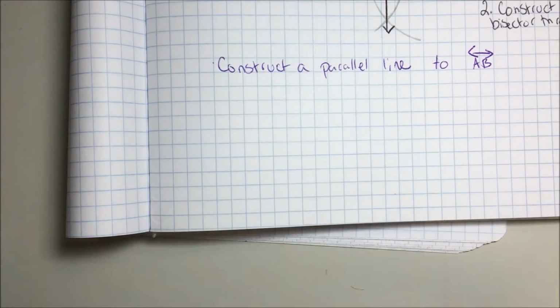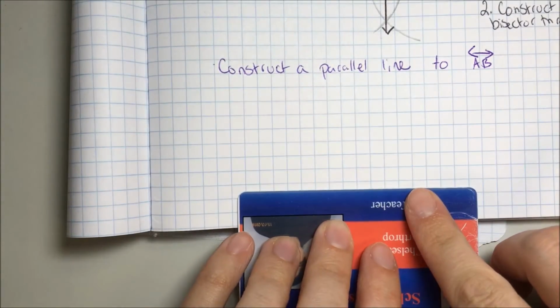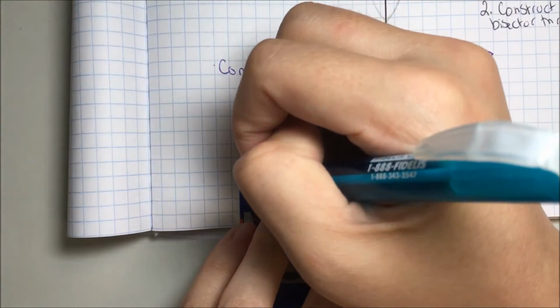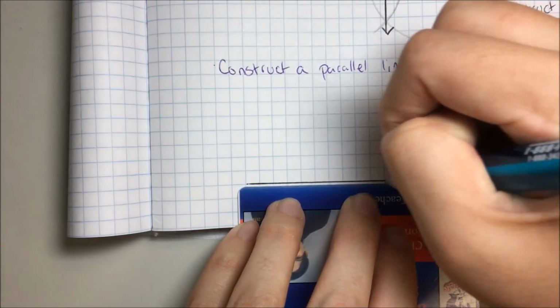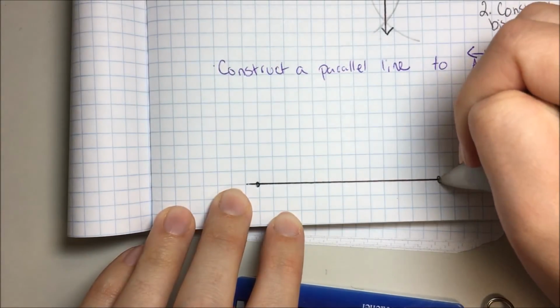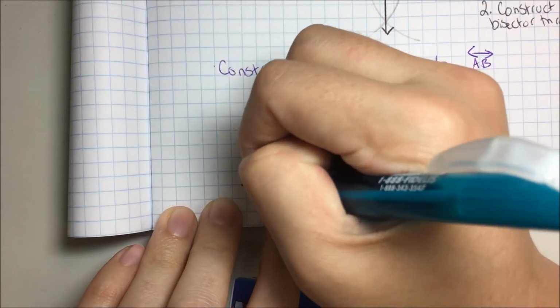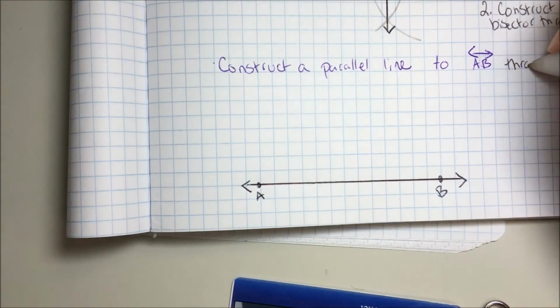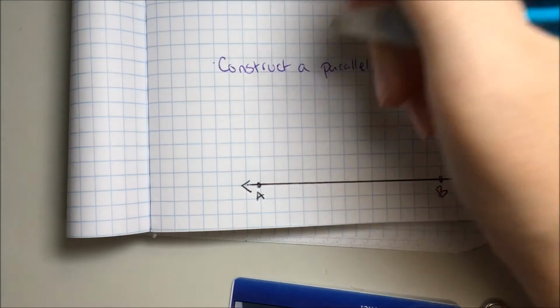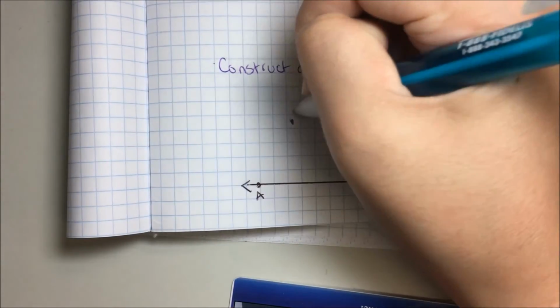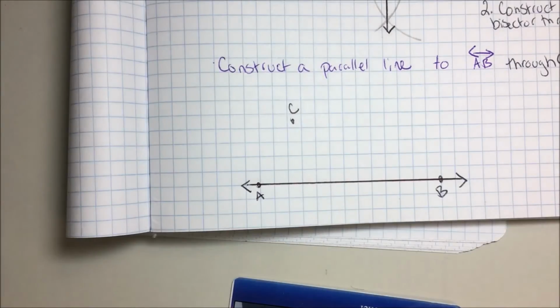So I'm going to start by making a line here. And I want this to go through C. I'll put C like right here. There's C. Okay? So, here's my first step.